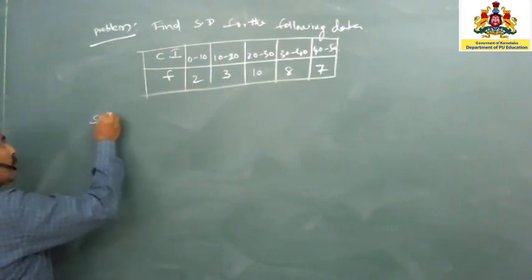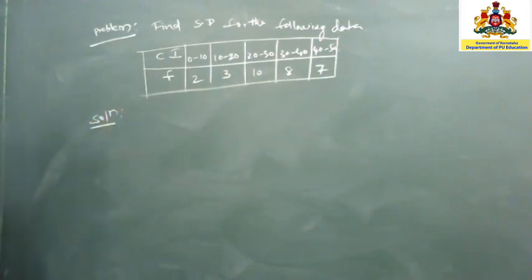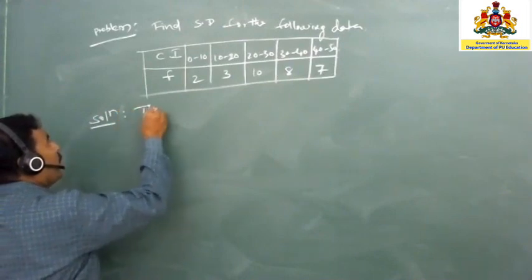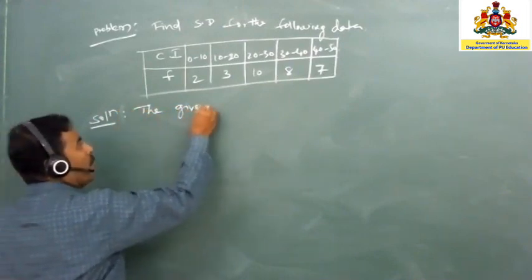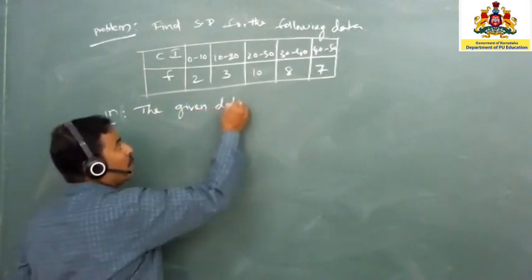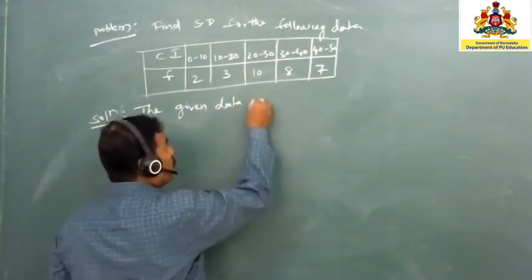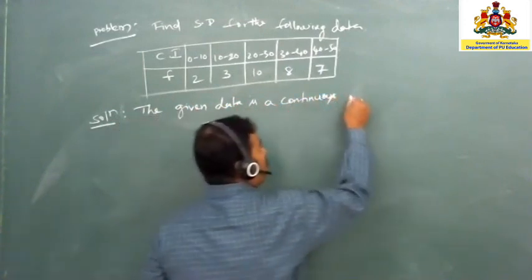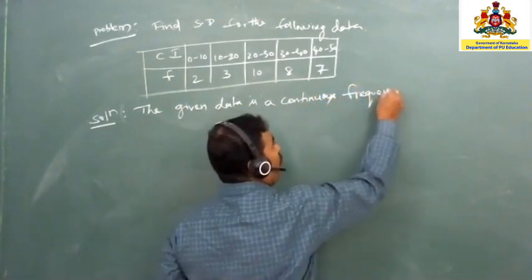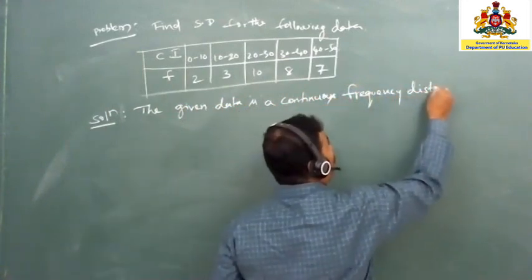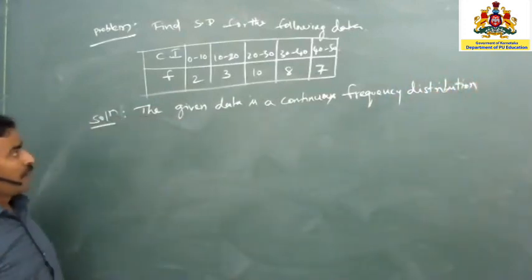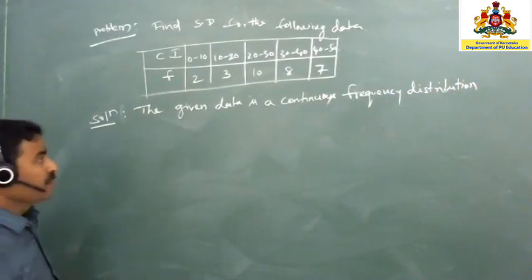Solution: the given data is a continuous frequency distribution.